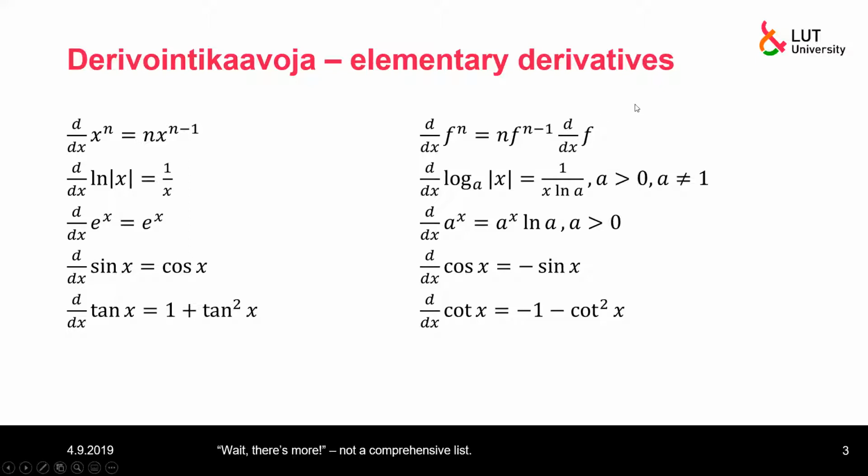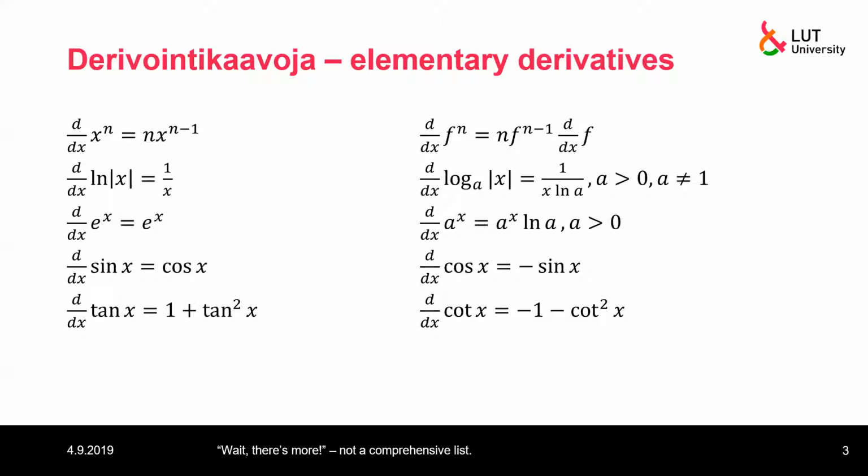Then if we have the natural logarithm, I assume you know what logarithms are. That's the base e logarithm of the absolute value of x. Then we go to 1 over x, and for generic logarithms, we get the formula right.